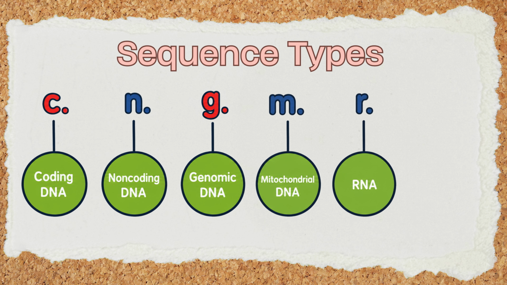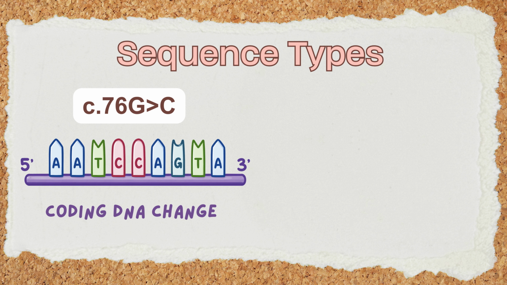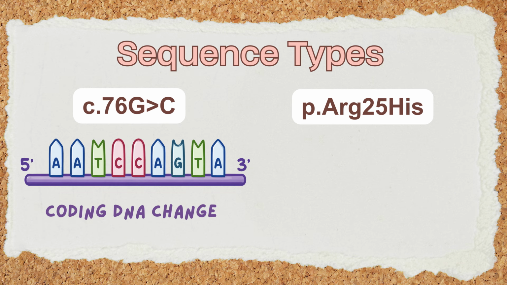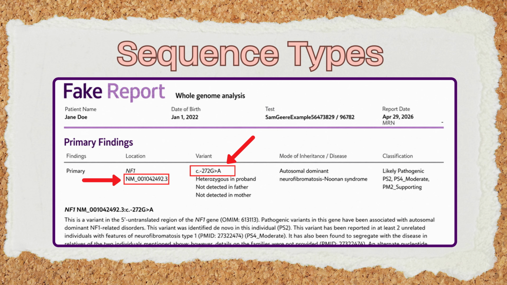RNA, and p. protein. So for example, c.76G>C represents the DNA change, while p.Arg25His represents a protein change. And typically, labs will report both. These prefixes are essential for ensuring that the location of a genetic variation is unambiguous across different studies and databases.